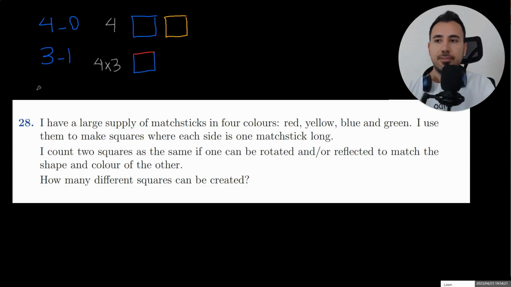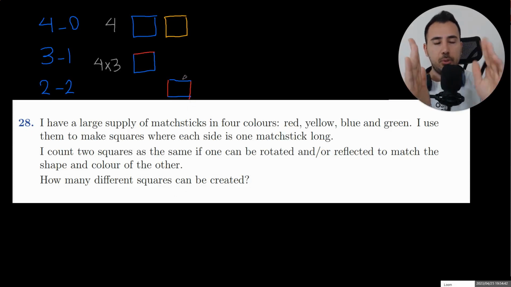What if we have 2 and 2? Say 2 of them are the same color. For example, for this one, we're going to have blue and blue and red and red. So when blue and blue are facing and a different color also facing, think about it like this.